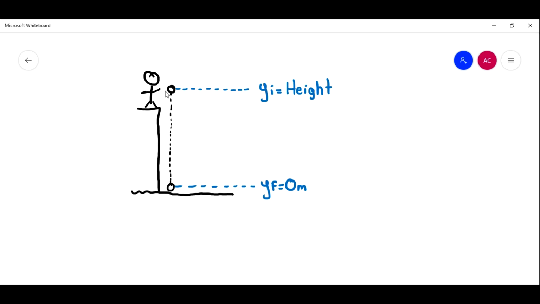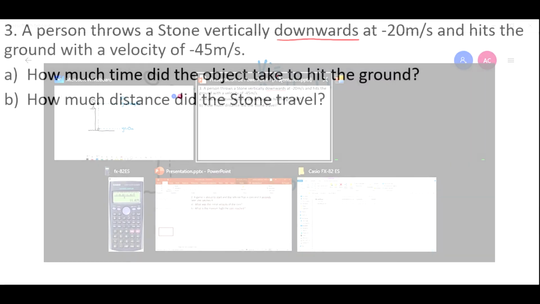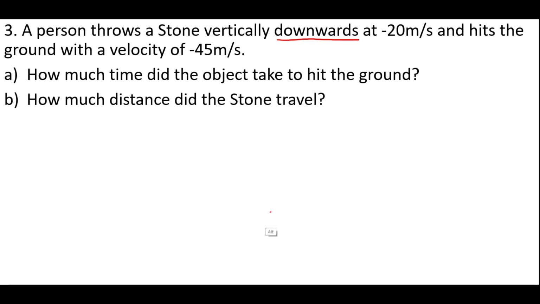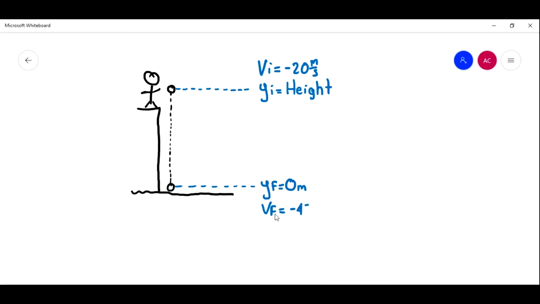And in here, I'm going to have the initial velocity, that in this case is minus 20 meters per second. And here I'm going to have the final velocity, that is going to be minus 45 meters per second. You need to realize the final velocity is greater because we have acceleration.